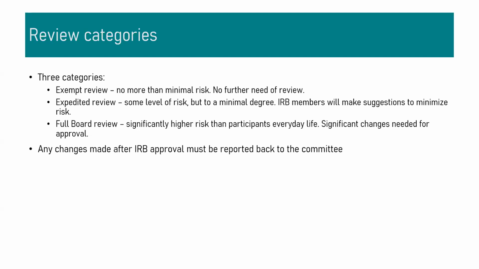They basically told me that I had to add that to my consent form. I did, and then I gave it back to them. They reviewed it one more time, and then they told me that I was good. So that's an example of an expedited review. It wasn't exempt. There was a little bit of risk, but it was to a minimal degree. And so then they made suggestions to minimize that risk.